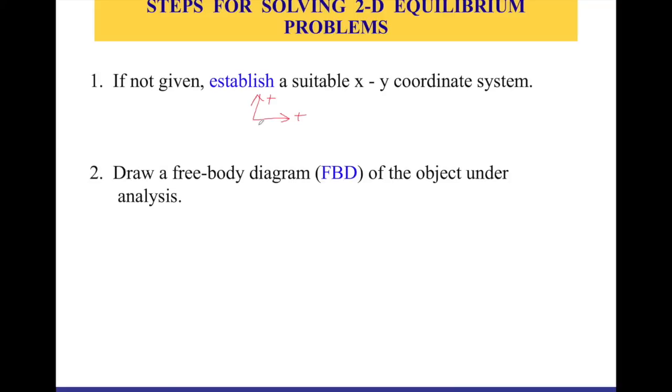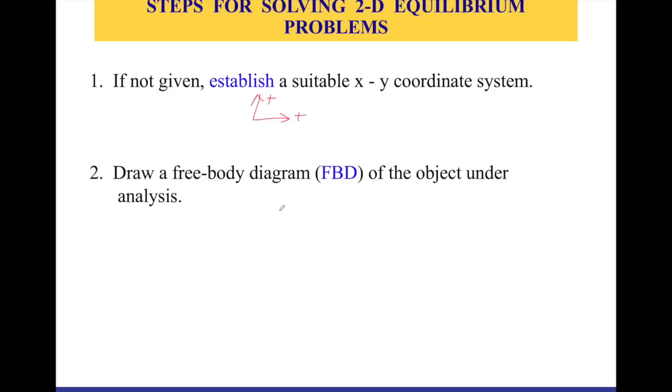The second step is to draw a free body diagram of the object under analysis. Remember from the previous lecture and examples that you have active forces and reactive forces. The active forces are the weight and any external force acting on your rigid body, and the reactive forces are the forces that we assume based on the support reactions that we have.